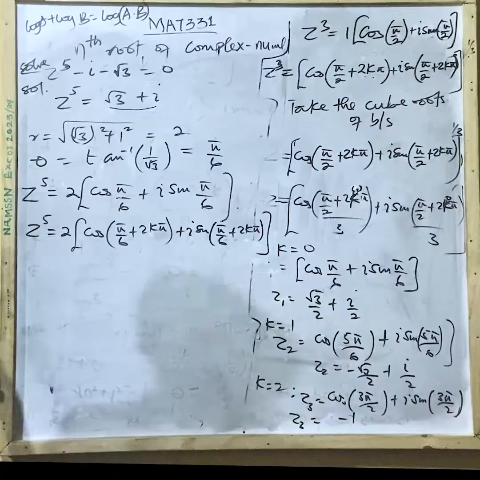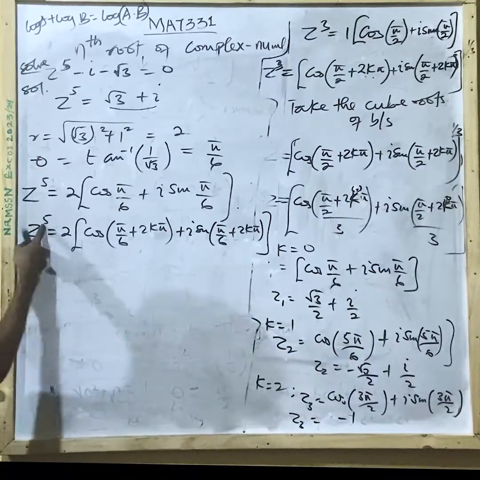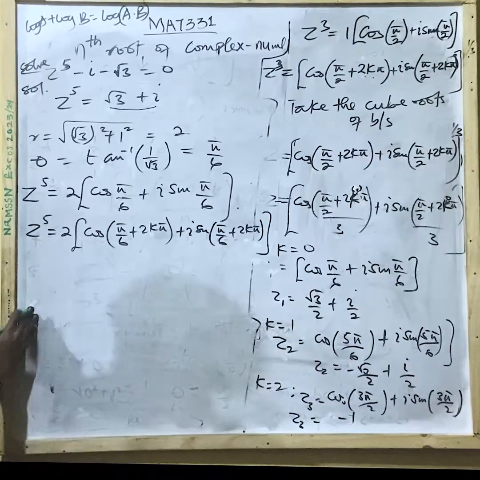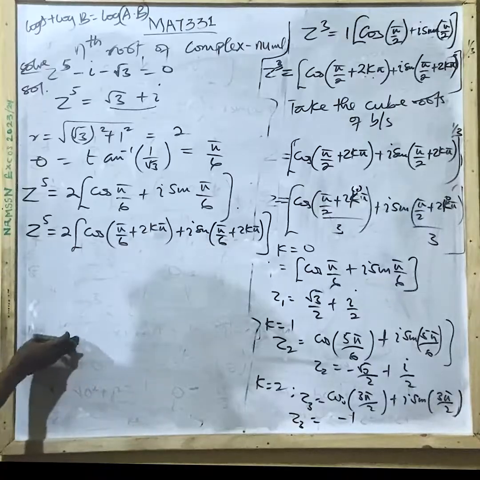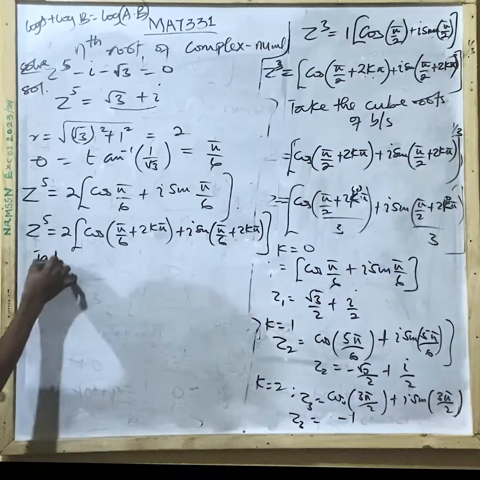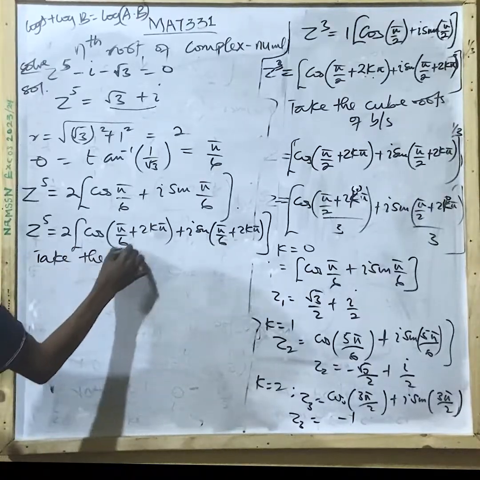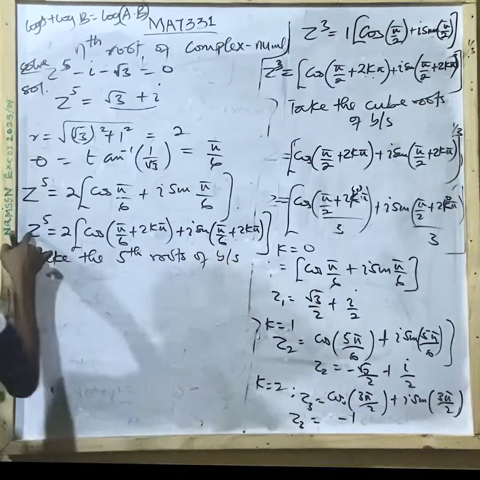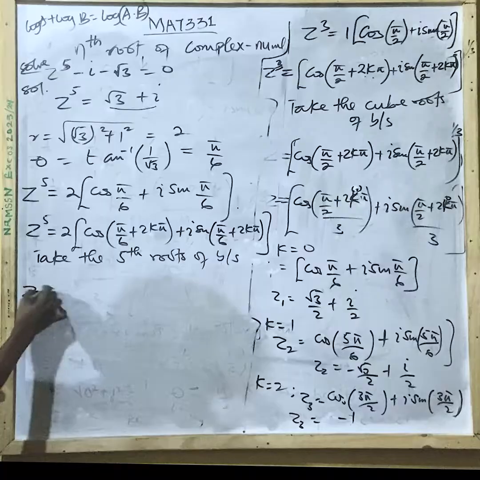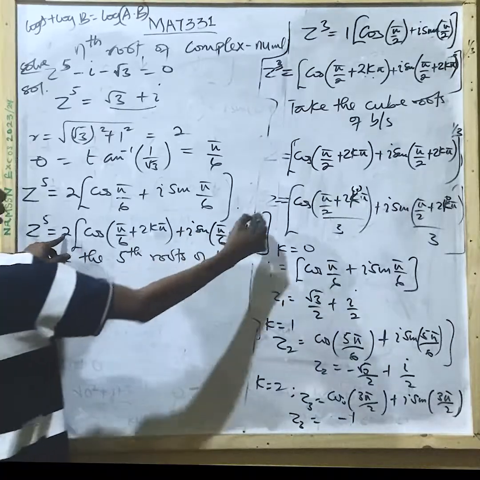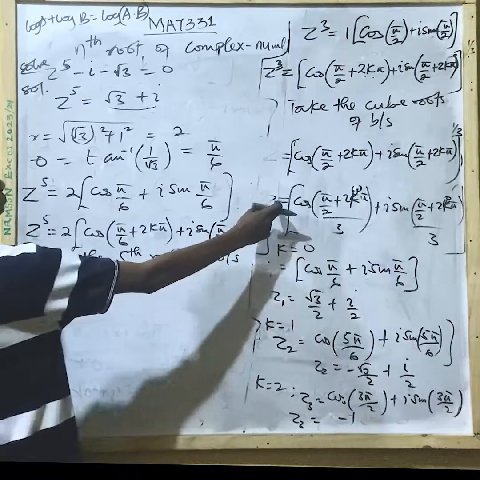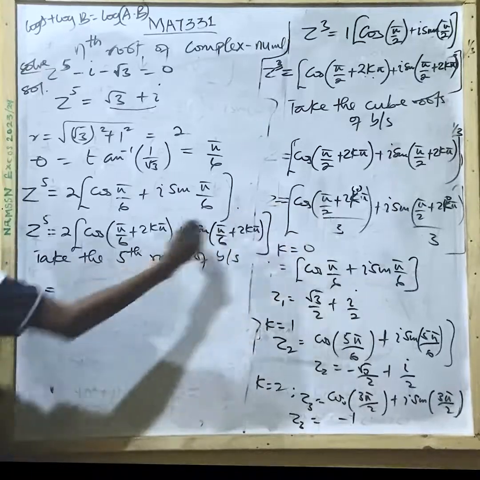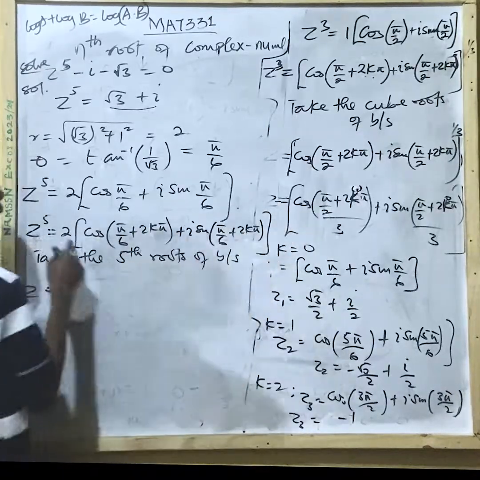Now we take the fifth root of both sides. If I take the fifth root of this side, I will have z. Fifth root means that everything here is raised to power 1 over 5. That's the meaning of fifth root.